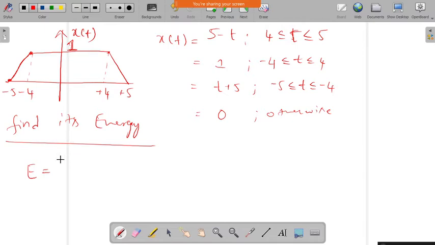So you can put the expression integral from -infinity to +infinity of x of t square into dt. Now the corresponding signal you can put, from where to where the limit is there.